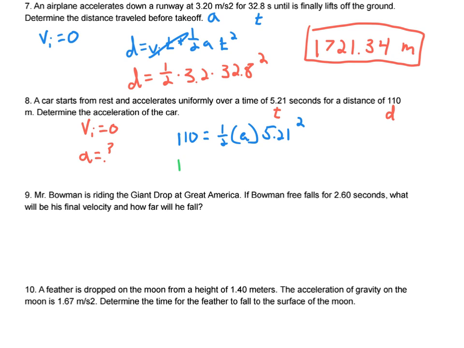So 110 equals 13.57a. Divide both sides by 13.57, and we get a equals 110 divided by 13.57. I get 8.1. And now it's an acceleration. Everything was in meters and in seconds, so this is meters per second per second.